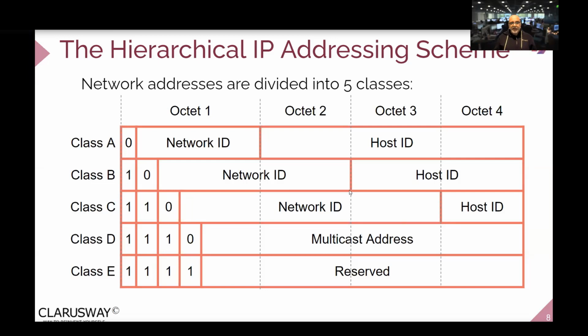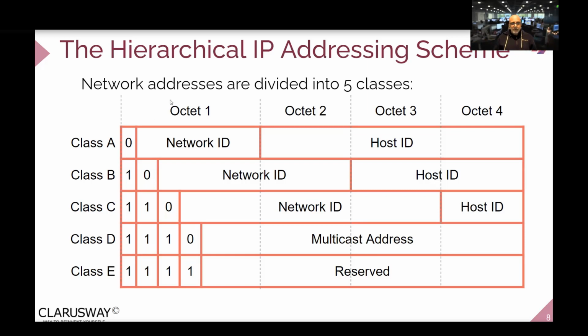Now, if I assign large networks, okay, if I create only large networks, then I'm going to quickly run out of networks. I'm not going to have enough IDs to define all of these different hosts that exist.